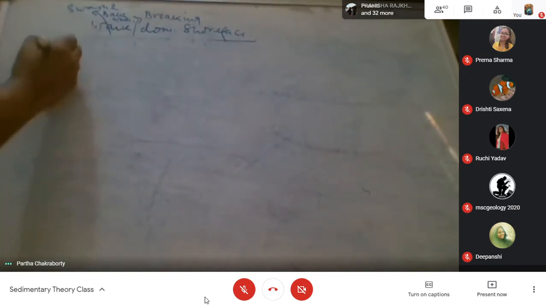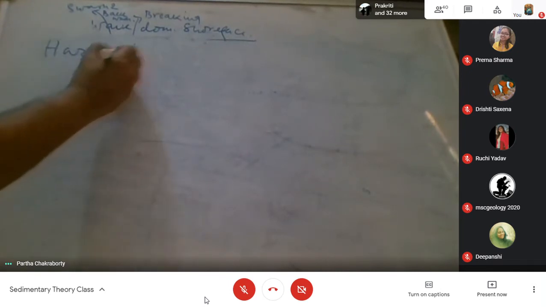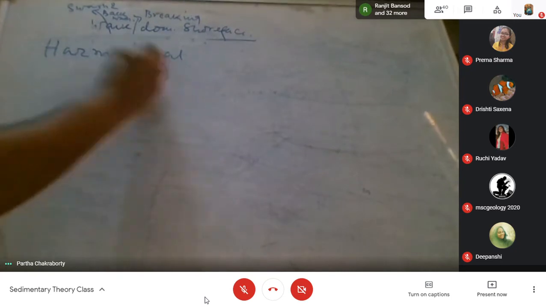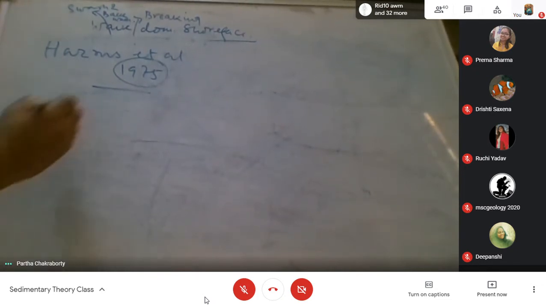The first person who came with a model of storm sedimentation is Harms et al. In the year 1975, he first came out with the model of how storm really acts.